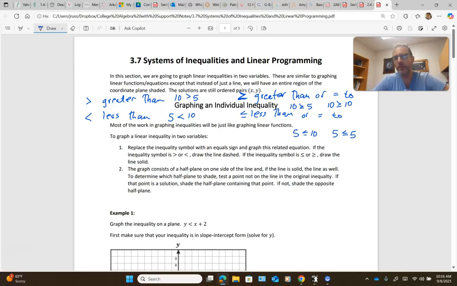Another example would be budgeting. We want our expenses to be less than or equal to our income. That would be an ideal situation, right? Or you could give it a specific amount.